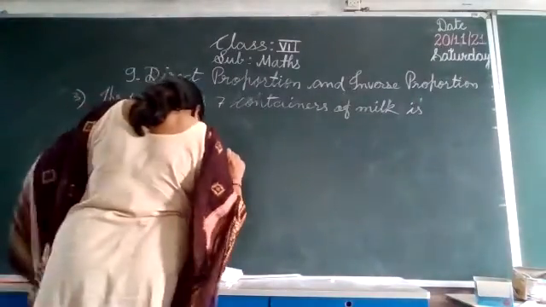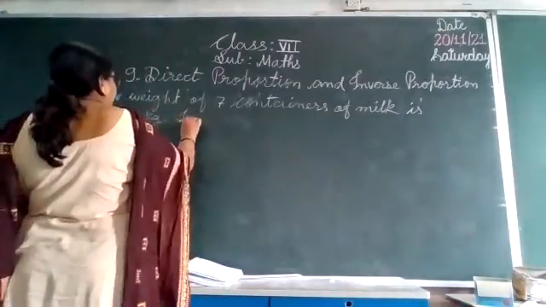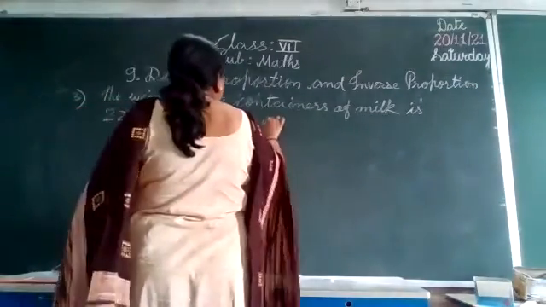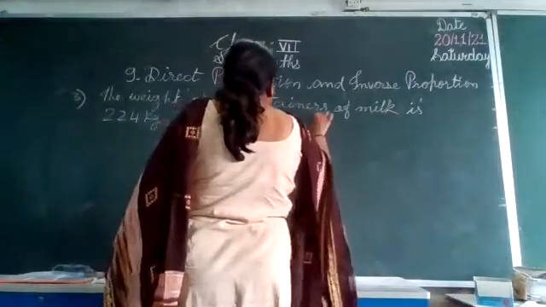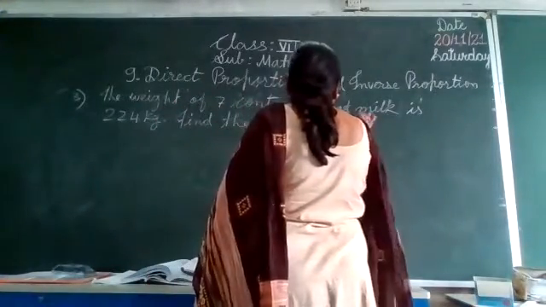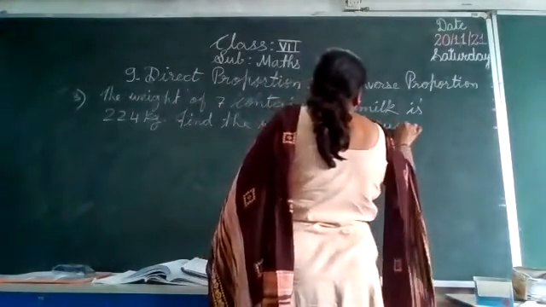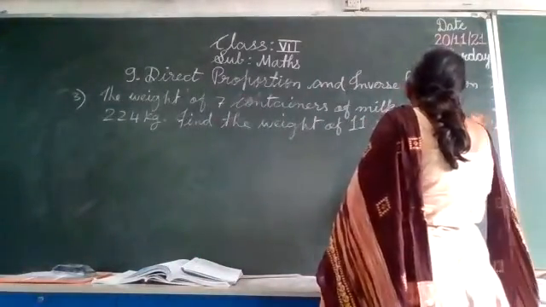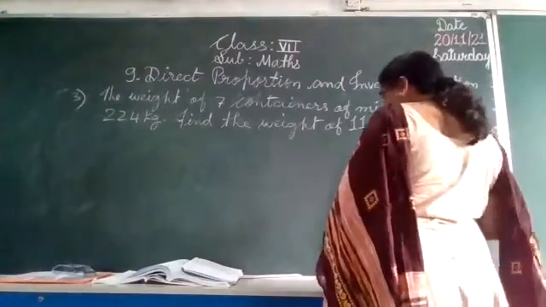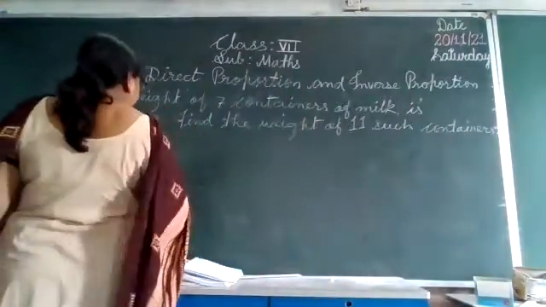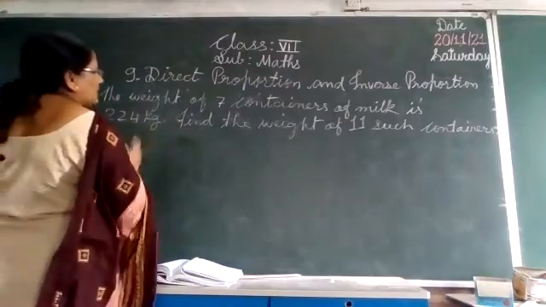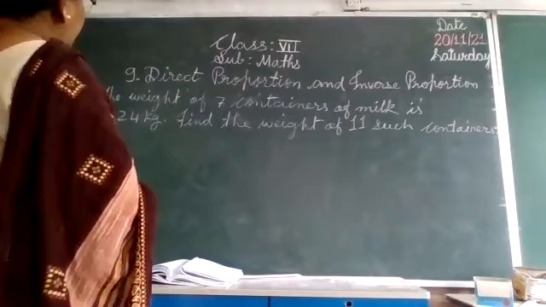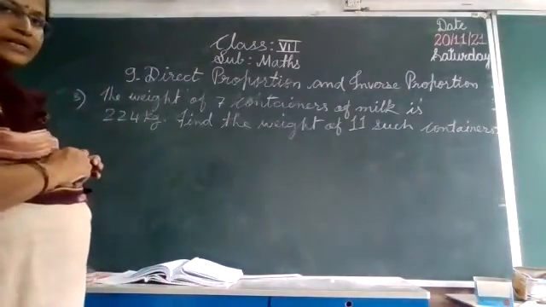Find the weight of 11 such containers. Okay. See, what is the question? 7 containers weigh 224 kg and you have to find the weight of 11 such containers.